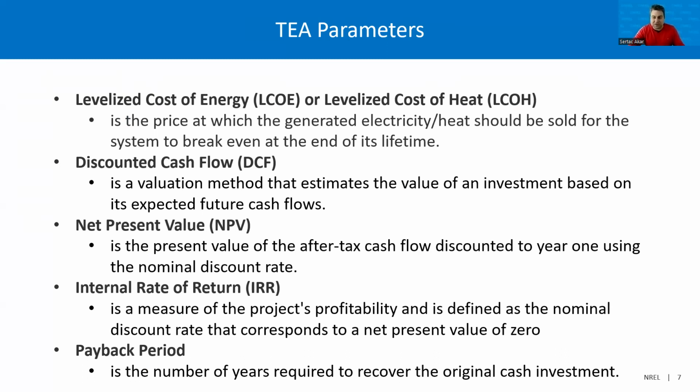Discounted cash flow is the valuation of the revenue throughout the lifetime of the project, that gives future cash flows during the whole project period. And net present value is the value of after-tax cash flow, this cash flow in 1 year, normalized to the project year.